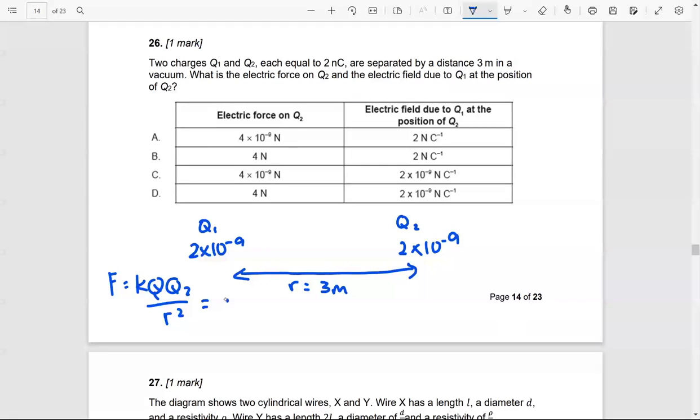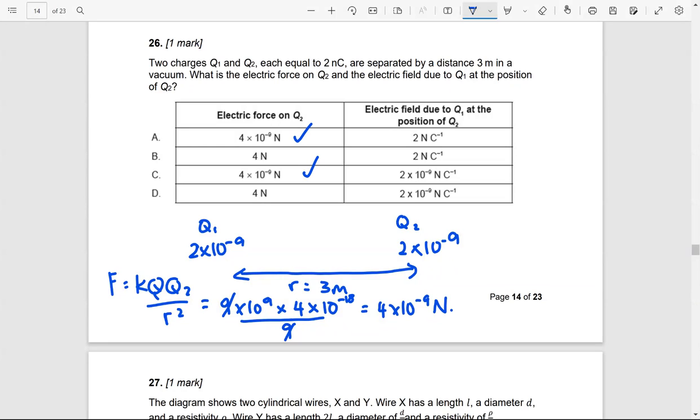So I'm going to go with 9 times 10 to the 9 times 2 times 2 10 to the minus 18, divided by 9. So if I cross out the 9's, and then 9 minus 18 is minus 9. So the final force is 10 to the minus 9 newtons. So it's either A or C.